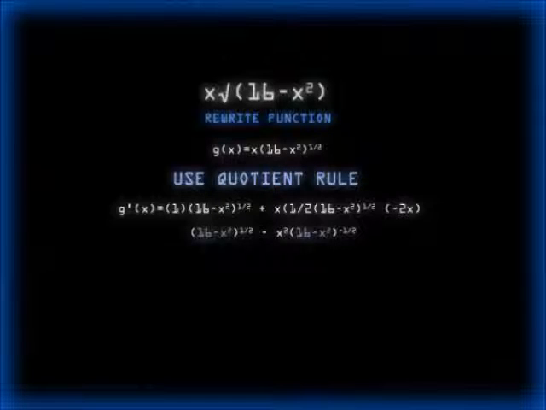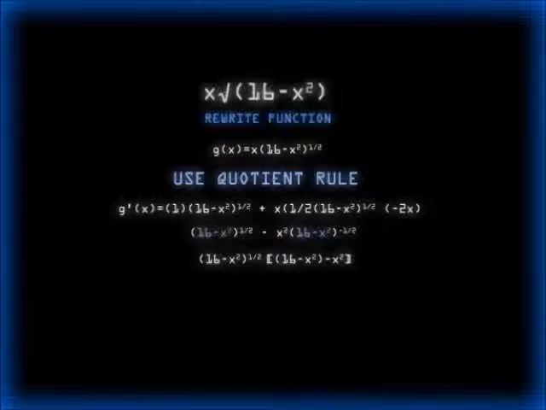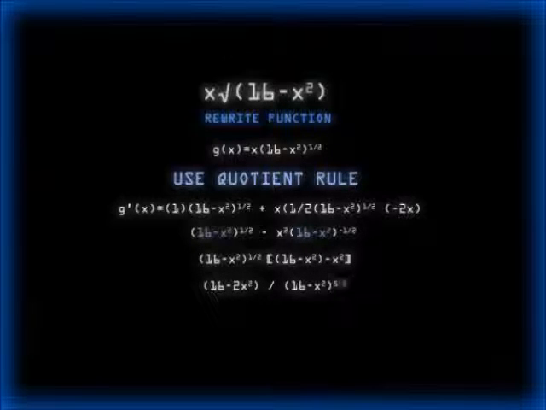It's basically 16 minus x squared to the power of 1/2 minus x squared times 16 minus x squared to the power of negative 1/2. We have basically the same thing with the 16 minus x squared, so let's take it outside. Now we'll have 16 minus x squared to the power of 1/2, and we'll put a group where it's 16 minus x squared minus x squared. So we'll rewrite that as 16 minus 2x squared over 16 minus x squared to the power of 1/2.